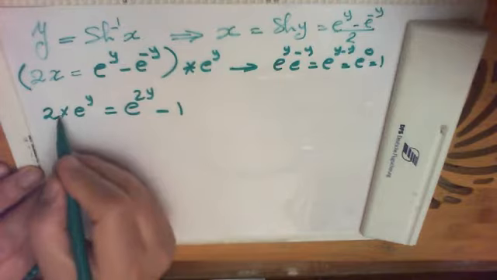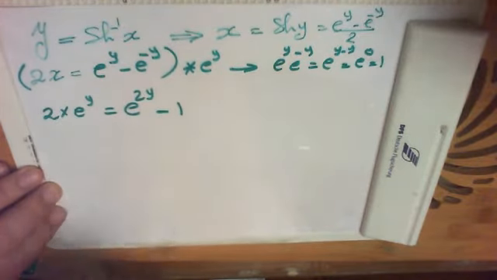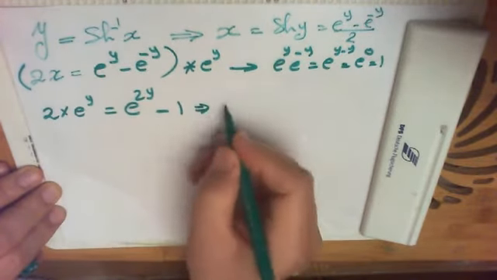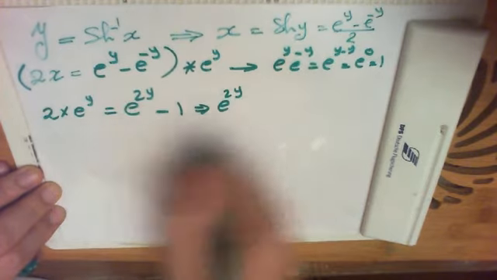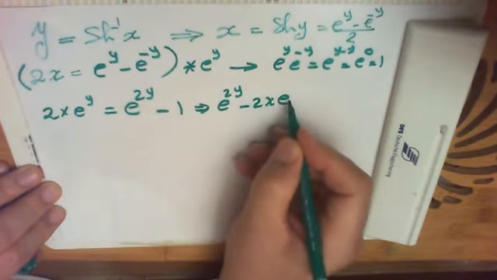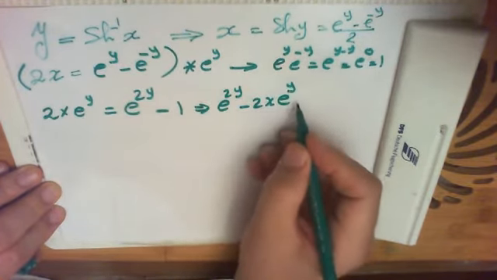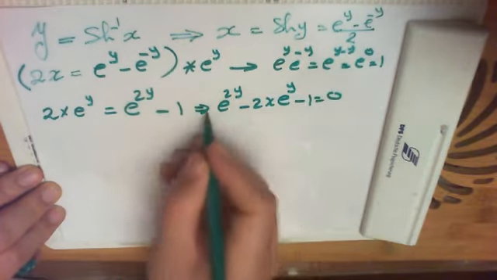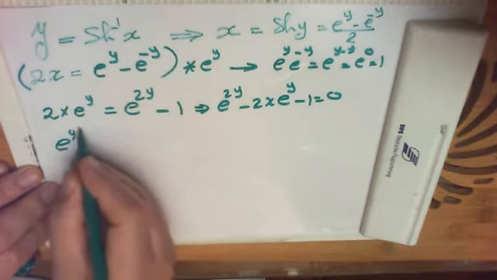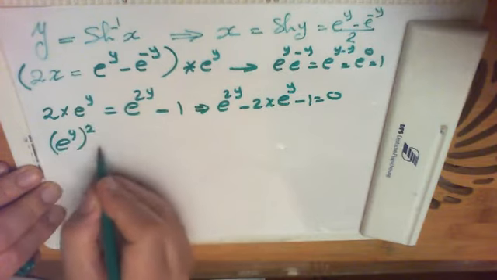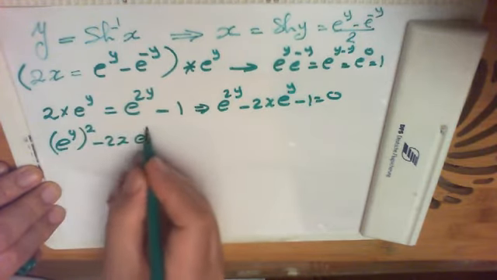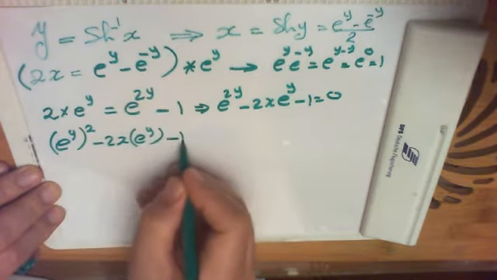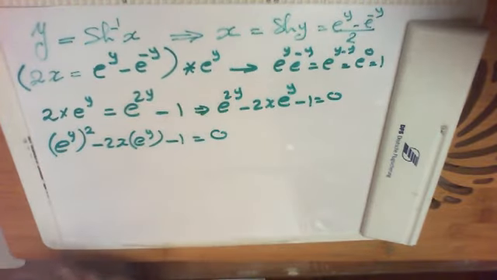Okay? Move all the quantities to one side. So e to 2y minus 2x e to y minus 1 equals 0. e to 2y can be expressed as (e to y) squared, minus 2x e to y minus 1 equals 0. Right?